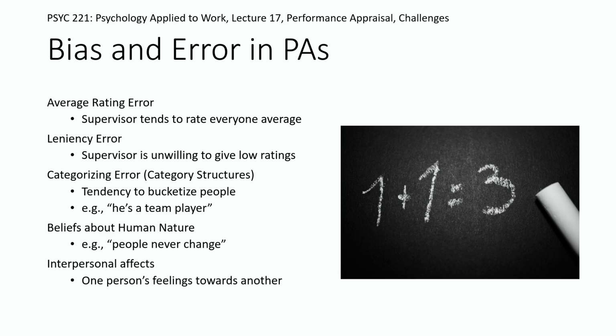And then there's interpersonal affects, and this is really how you feel about another person. Maybe the biggest way this can manifest is when there is an interpersonal relationship, such as a strong friendship between a supervisor and an employee. You can certainly have situations where people that work for you are friends, but there should be an asterisk to that notion of friends, and you shouldn't conceptualize them in the same way that you consider friends in your friend group where people don't work for you.